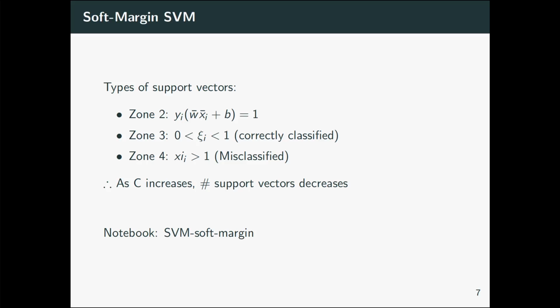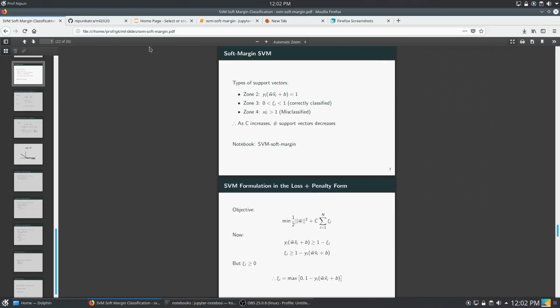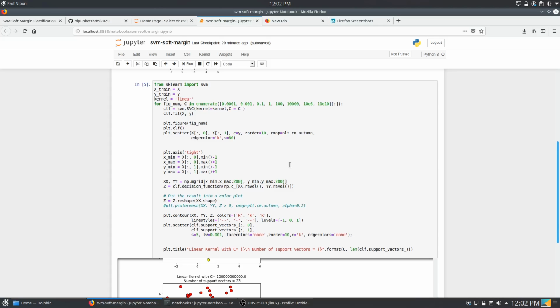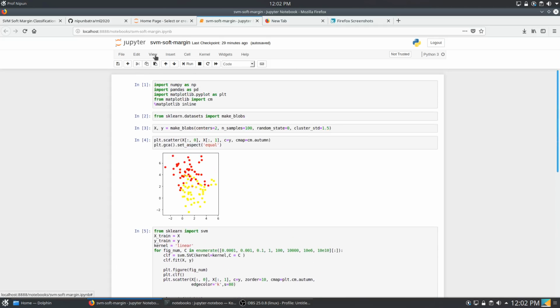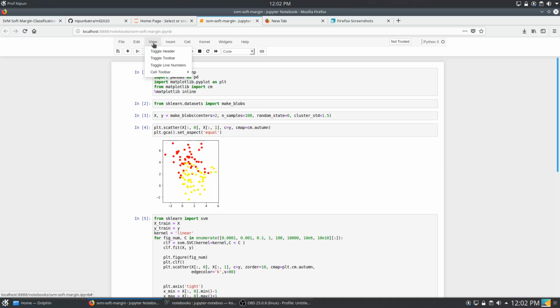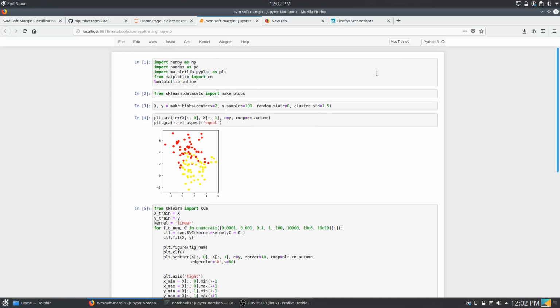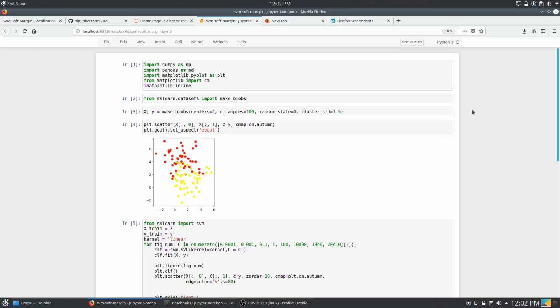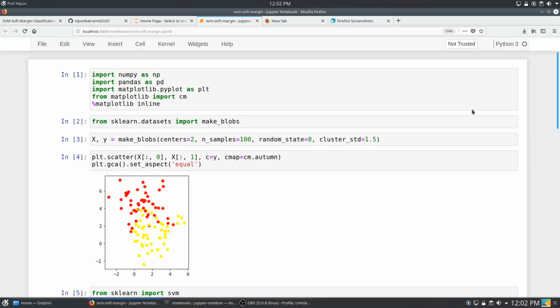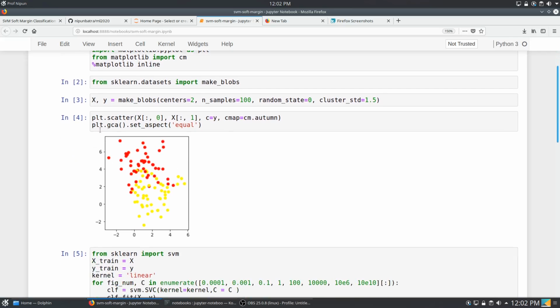In the meanwhile, I'll run through a notebook to clarify some of the things that we've been saying, and we'll see a practical example to understand it better. Okay, so we have a smallish data set. As you clearly see, the data is not linearly separable.